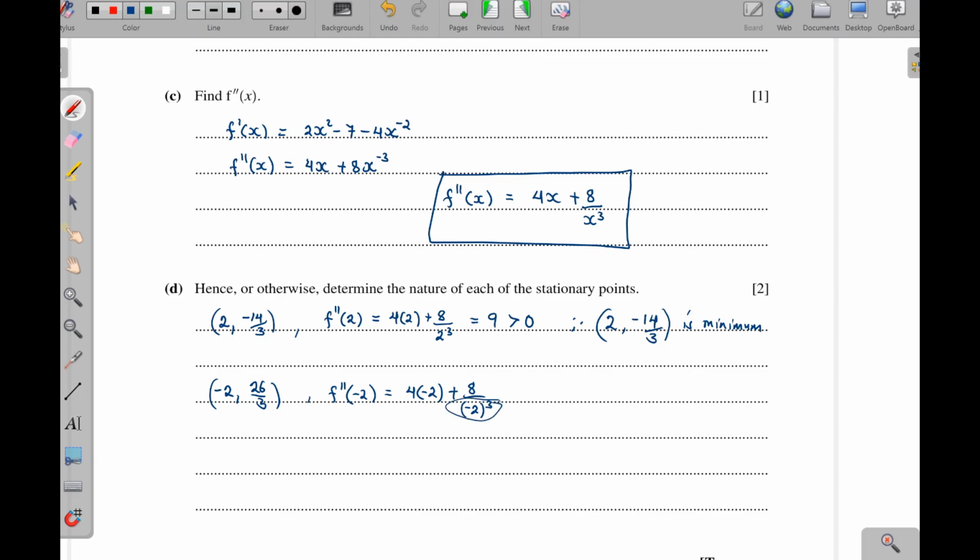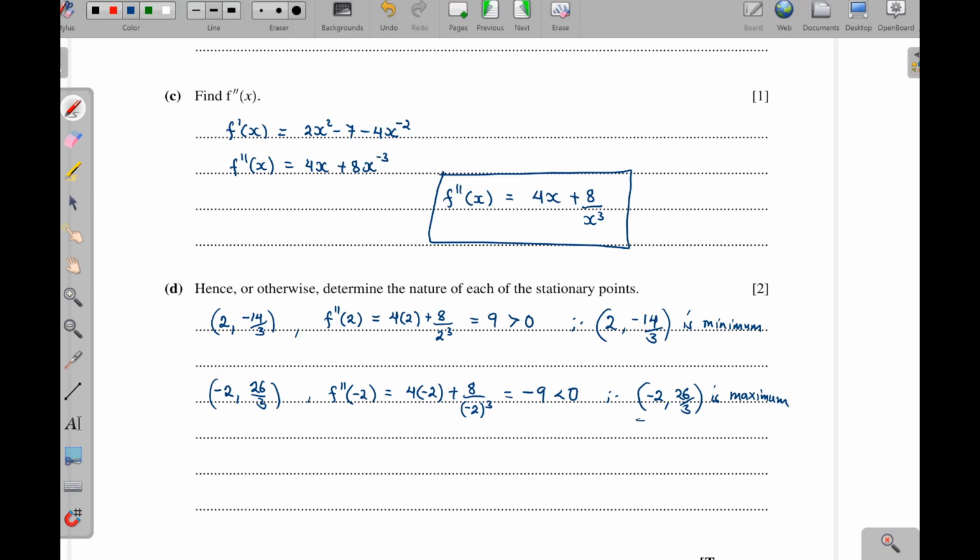Odd power of a negative is a negative. So here we have 8 over negative 8. That's a negative 1. Already here it's negative 8. So we get negative 9, right? So this will be negative 9, which is less than 0. So this simply implies that this point, negative 2, then 26 over 3, is maximum.